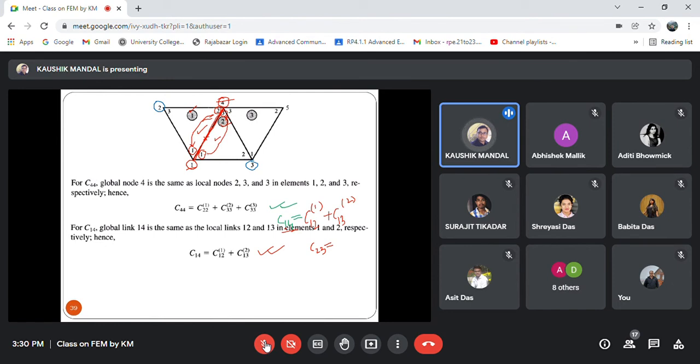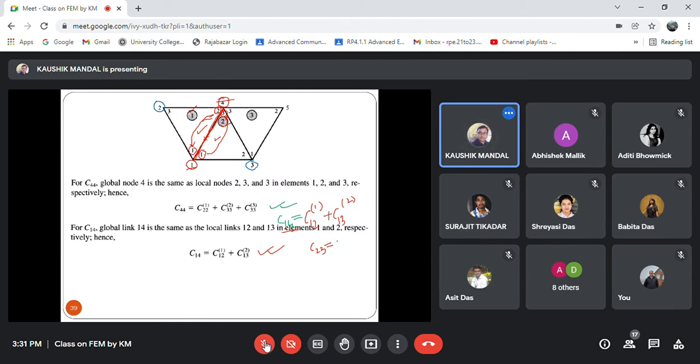Now as per the diagram, is there any common line between 2 and 3? These 2 and 3 are not directly connected.